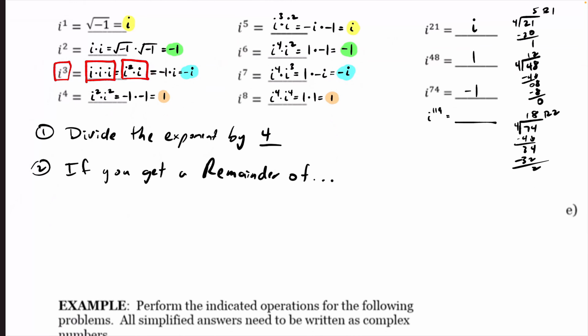Well, the only remainders that we got were 1, 2, 3, or 0. We never got a remainder other than 1, 2, 3, or 0. What was our answer every time when we got a remainder of 1?